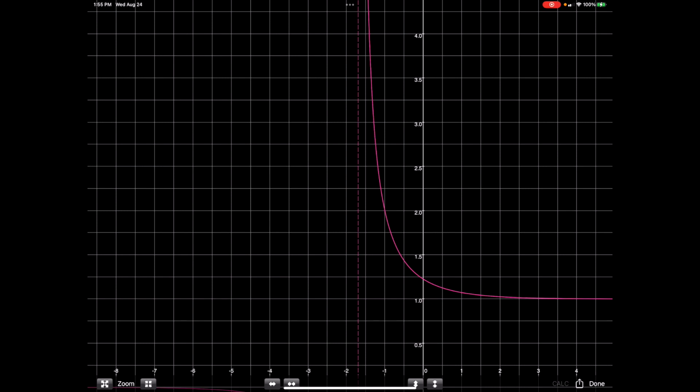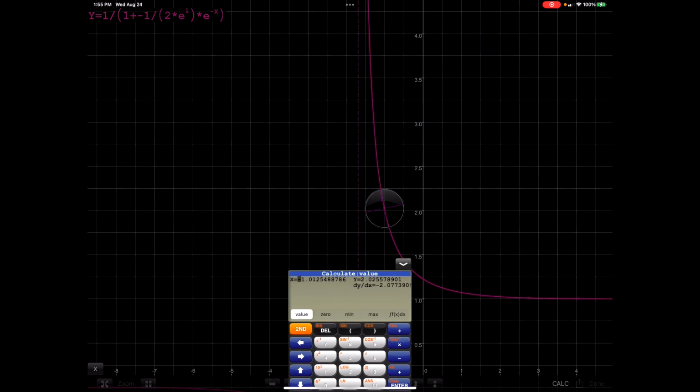Here, when x is -1, do you see right here, if we go to calculate value, if I put in that x is -1, enter, y is 2. So we did it. So let's go ahead and copy this.